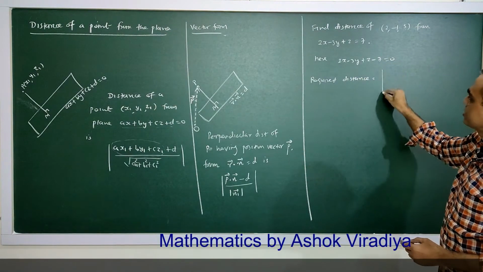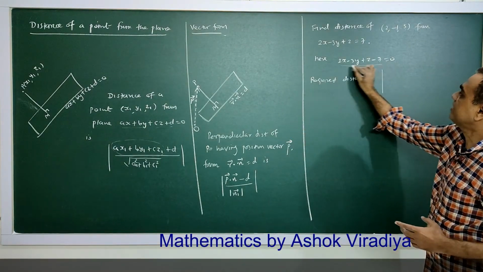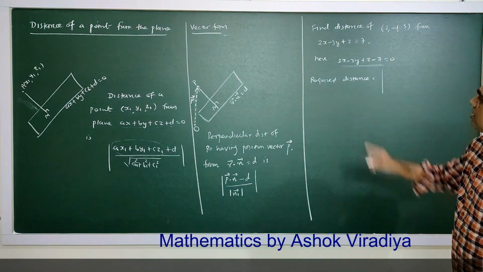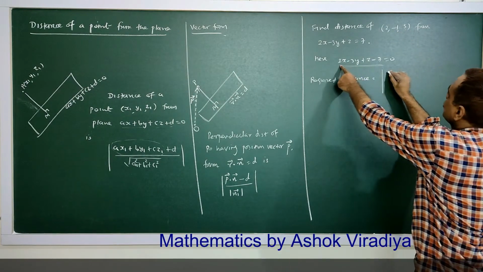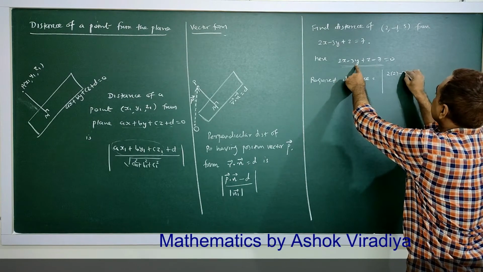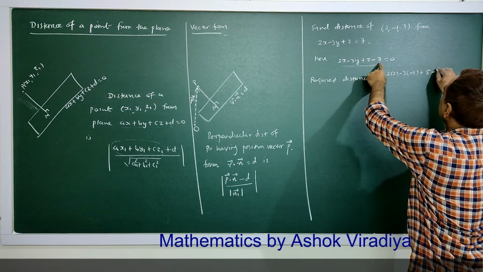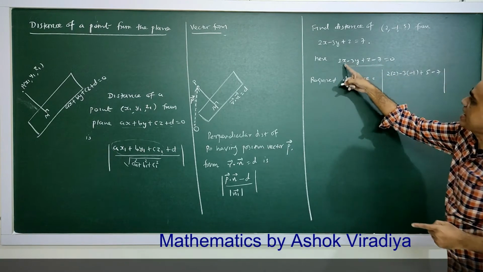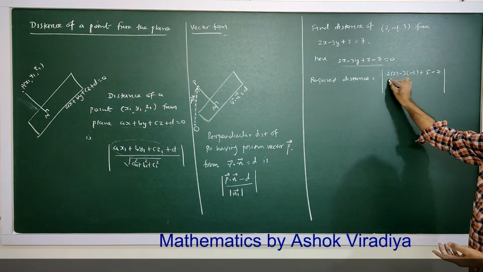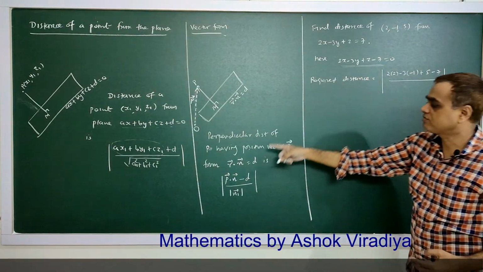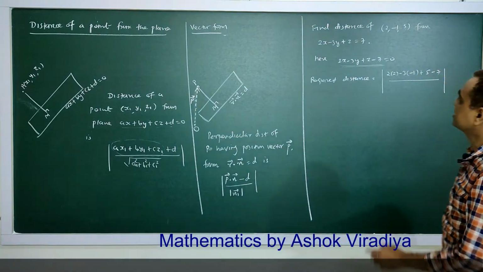formula is modulus. See, what is the method? In this left hand side, replace x, y, z by x1, y1, z1. So 2 into 2 minus 3 into minus 1 plus 5 minus 7. So x, y, z replaced by x1, y1, z1 upon magnitude of vector n, that is root a square plus b square plus c square.